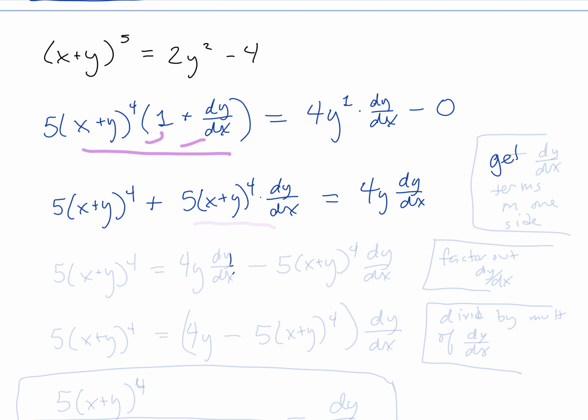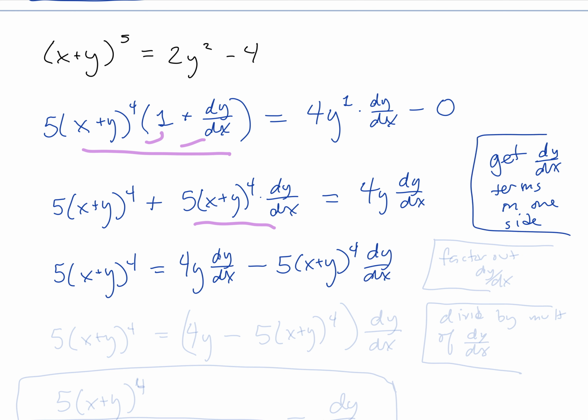So I'm going to subtract this term over to give 5 times x plus y to the fourth power equals 4y dy/dx minus 5x plus y to the fourth power dy/dx.